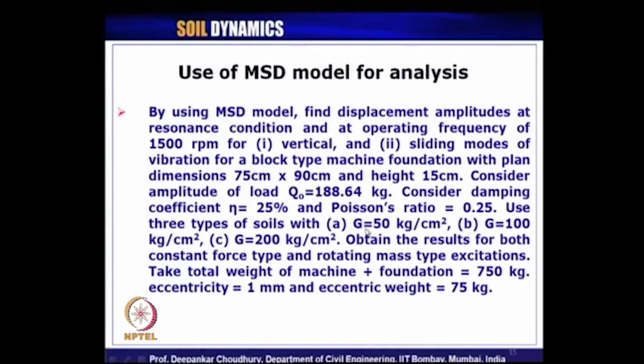First type with shear modulus G as 50 kg per centimeter square, equal to 50 TSF. The second type with G equal to 100 kg per centimeter square, and the third type with G equal to 200 kg per centimeter square. Obtain the results for both constant force type and rotating mass type excitations.